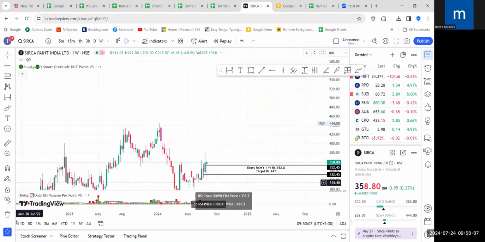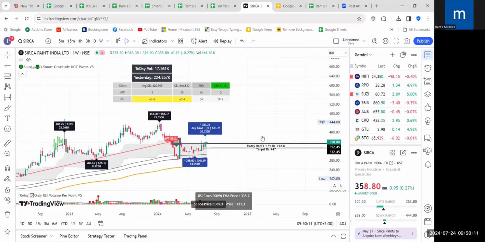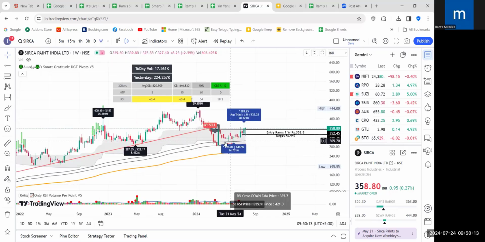In the 1 week time frame also, we can see an uptrend. Weekly, the bottom is 298. So even in the weekly time frame, on 10th June, we can take the entry at the closing of 328.65 for the minimum target of 447, which will happen within the time frame of 1 year.